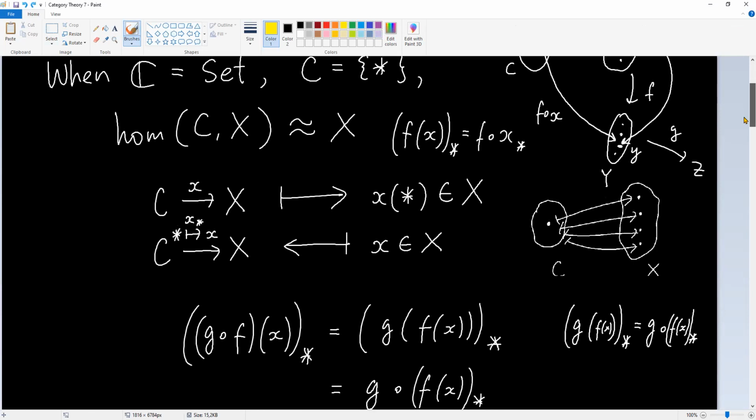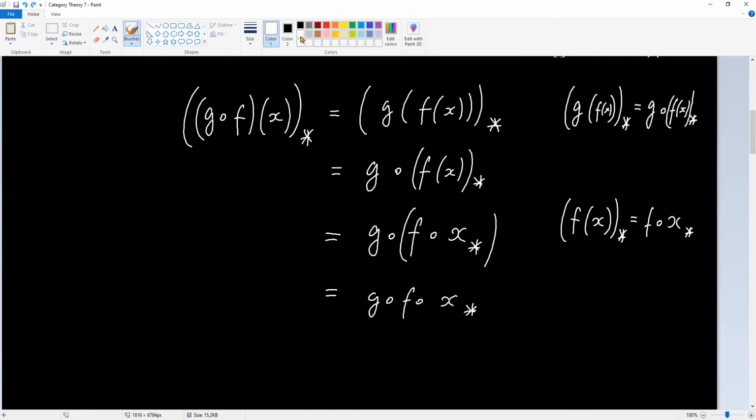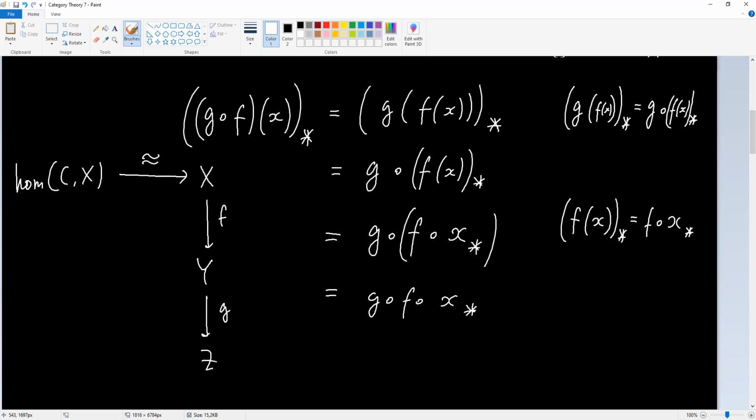Maybe I should draw a diagram, then it will help me. Okay, so we have here CX, and we have X, and we have this bijection between them. We have F, we have G, but we also have CY.